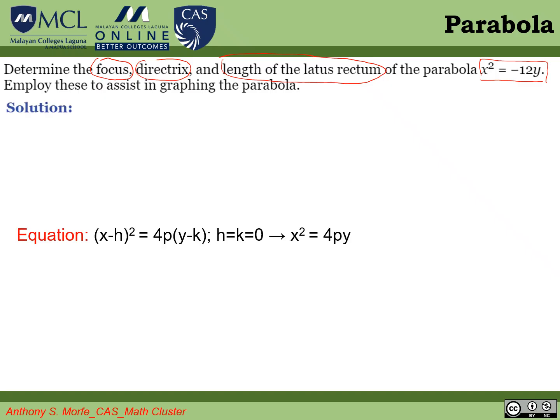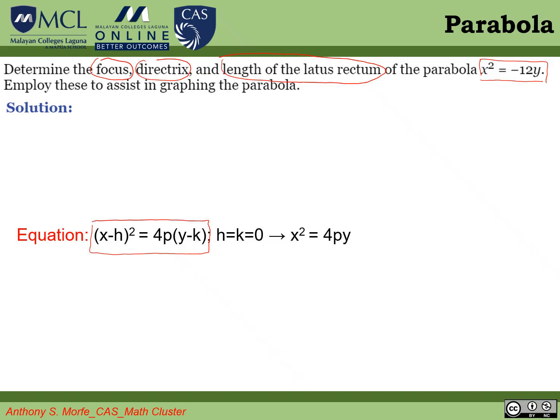So we can say that the vertex is at 0, 0, at the origin. The vertex of the parabola is at the origin. So from the general form, this is the one that we have derived.